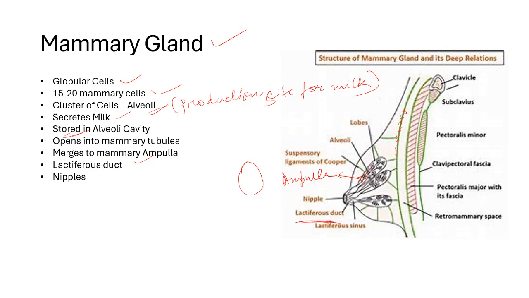Now these lactiferous ducts open into the nipple. From this nipple the infant sucks the milk during the feeding process. Now here you can see pectoralis minor, which basically provides support to this mammary gland.